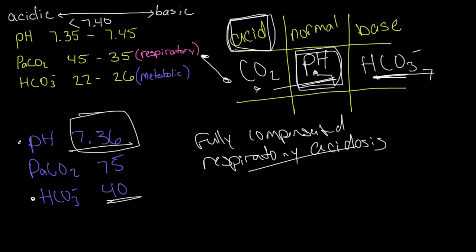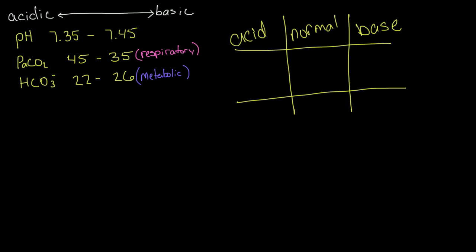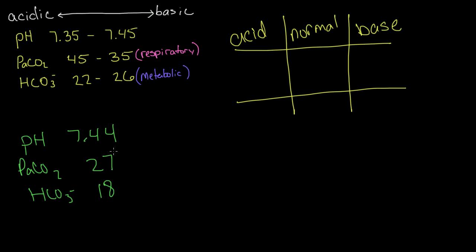Okay, let's look at another problem here. Say we have a pH of 7.44, PaCO2 of 27, and a bicarbonate of, let's say, 18. Okay, so using our systematic analysis, our pH is 7.44, which is normal.